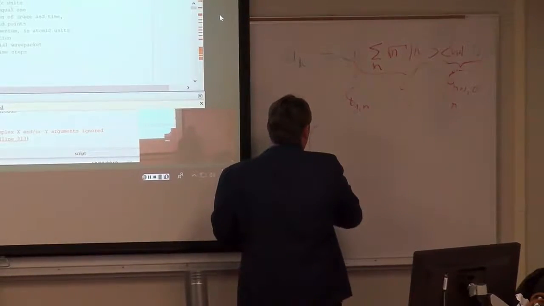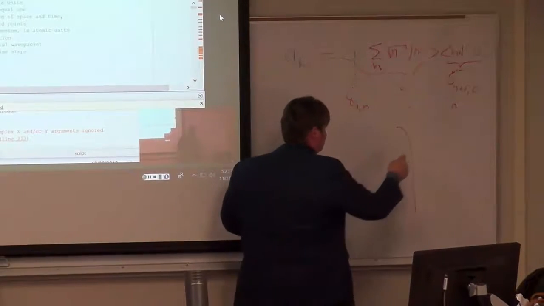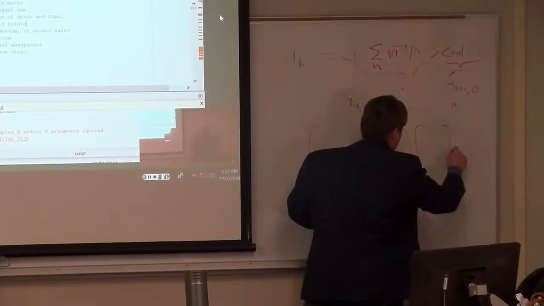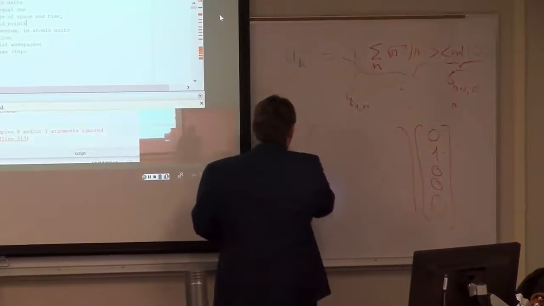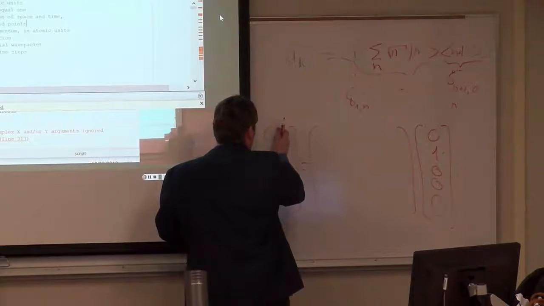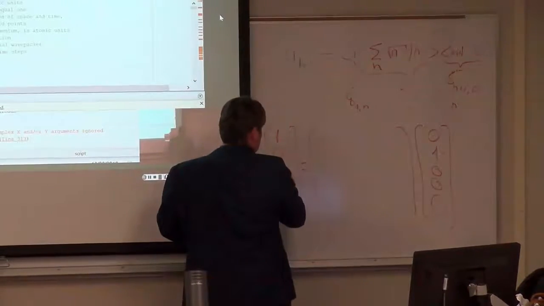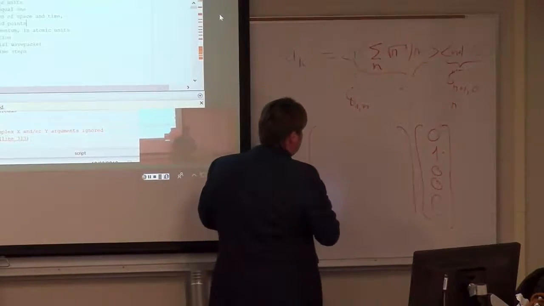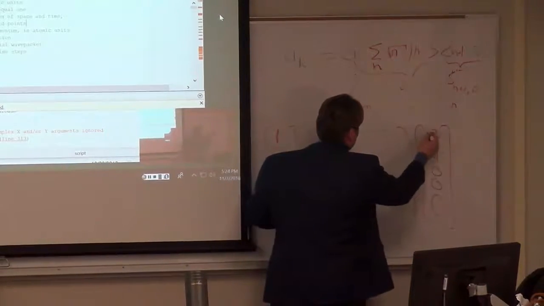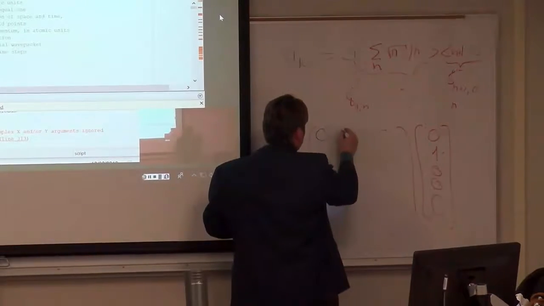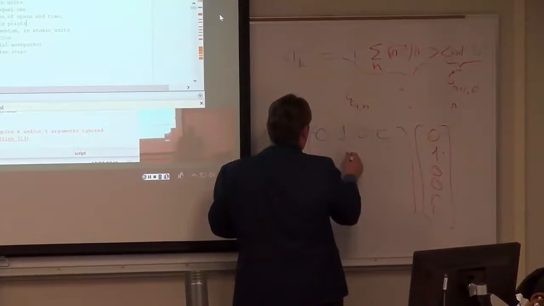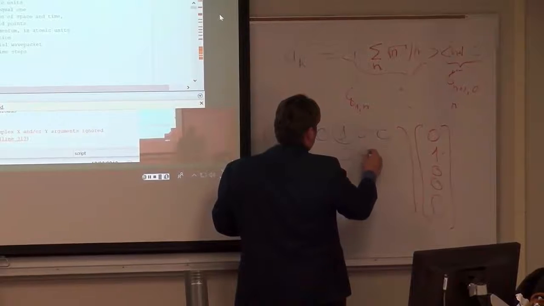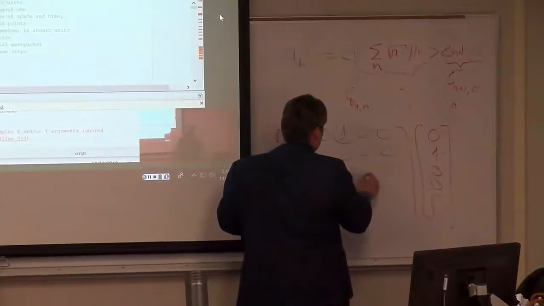Okay, I will get back to equations later, but let's use common sense. So if we convert from state number 1, we should get state number 0. If we practice row by column, it will be matched if we have all elements except this one equals 1.